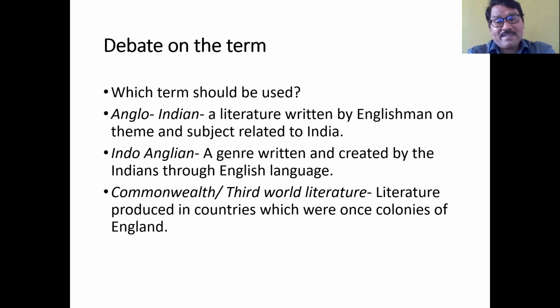These are all the countries invariably ruled by the British Raj, and they formed a group of Commonwealth nations, and the literature produced in these nations in English has come to be called Commonwealth literature, or in post-colonial terminology, we can call it third world literature, because the first world belongs to the European whites, and the second world belongs to white countries, and the third world is called the countries ruled by the British Raj or Europeans.